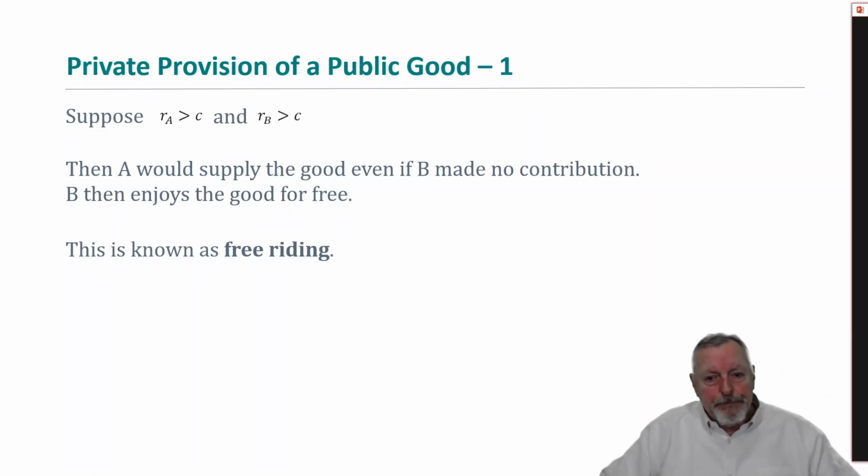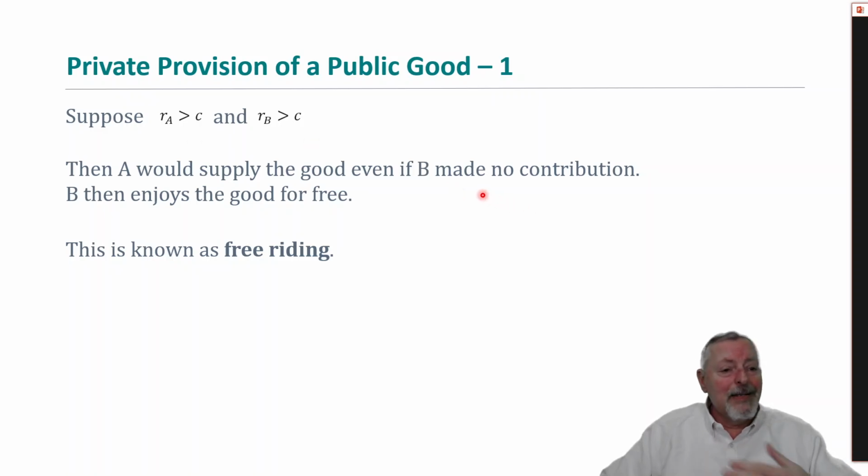First case. Assume that the reservation price of person A, how much person A thinks having this good would be worth to them, is greater than the cost of providing the good. Let's assume the same is true of B. Well, then person A is going to be willing to supply the public good no matter what B does.